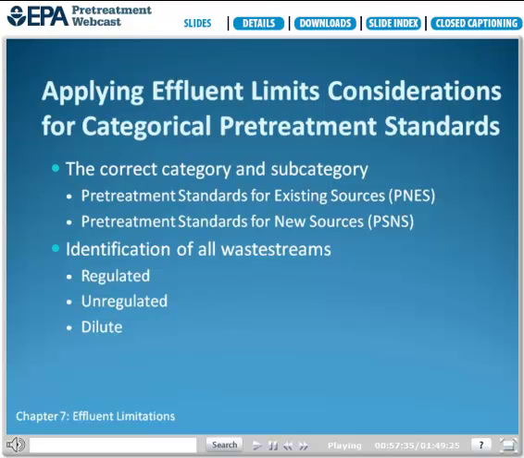When identifying all the waste streams, the control authority should clearly designate each waste stream as either regulated, unregulated, or dilute. This will be important when applying the combined waste stream formula, which will be discussed in a different webcast.